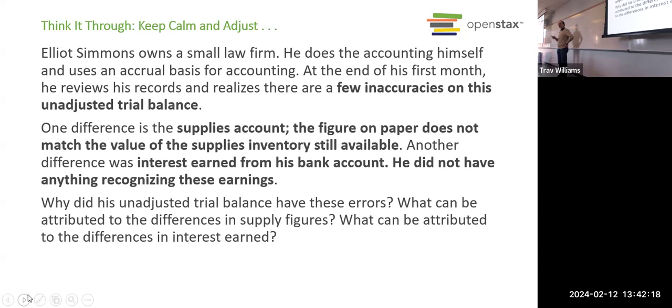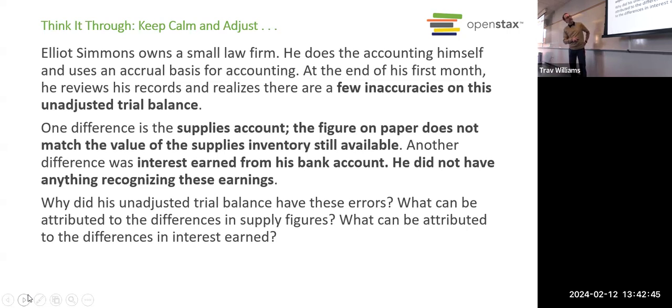If you were using the cash basis of accounting, which again only applies to very small businesses and nonprofits, then you don't have the issue of adjustments, because you're not counting that action until the money does change hands, right?